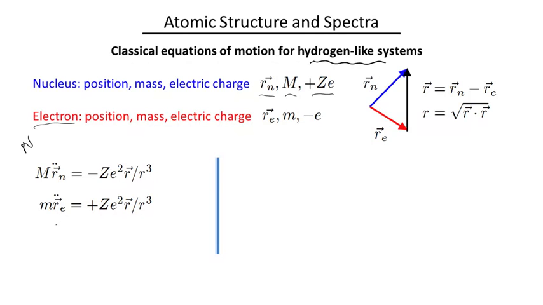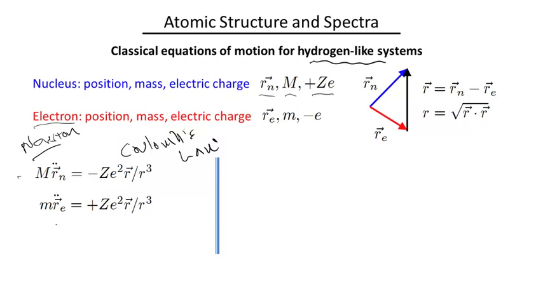Okay, now, here are Newton's equations. It's M a, mass times the second derivative, the acceleration of the nuclear coordinate. And then this is Coulomb's law. So there's an equation of motion for the nuclear coordinate.